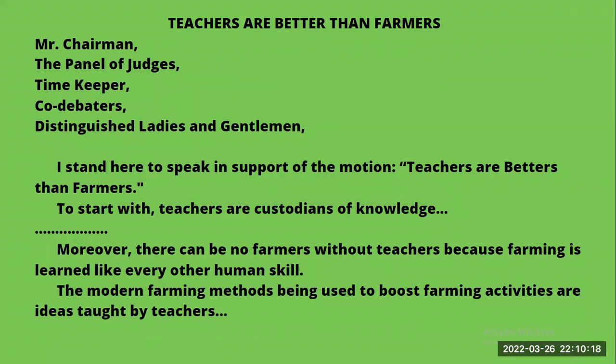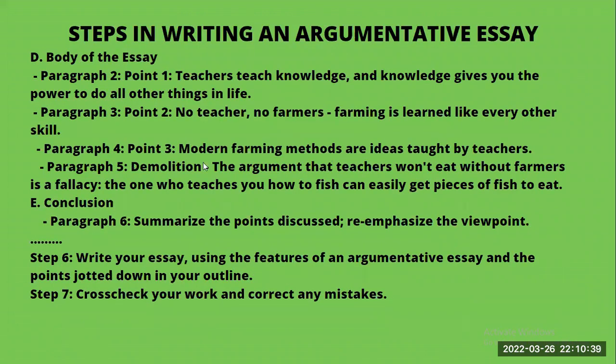You can say that you are convinced that teachers are better than farmers because of this, blah, blah, and you can summarize or list what we usually call the enumeration. You can pick the points you have jotted down in your outline. Let me show you, and then use them. Point number one, teachers are custodians of knowledge, all right?